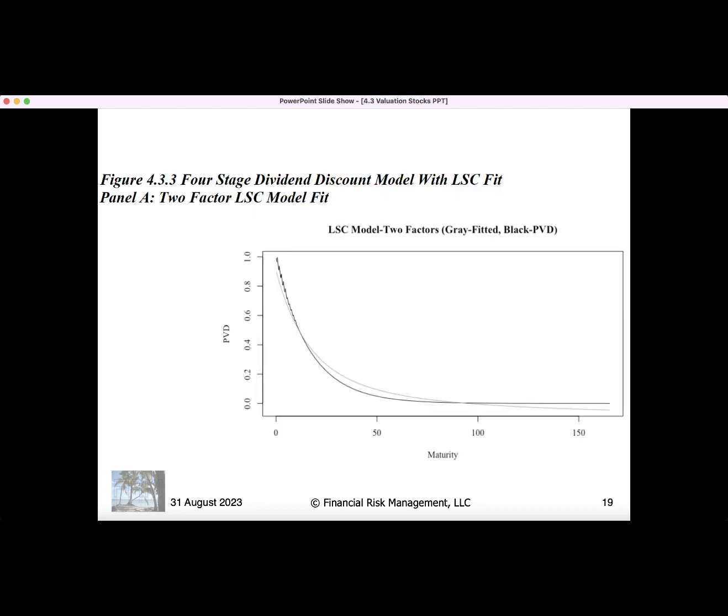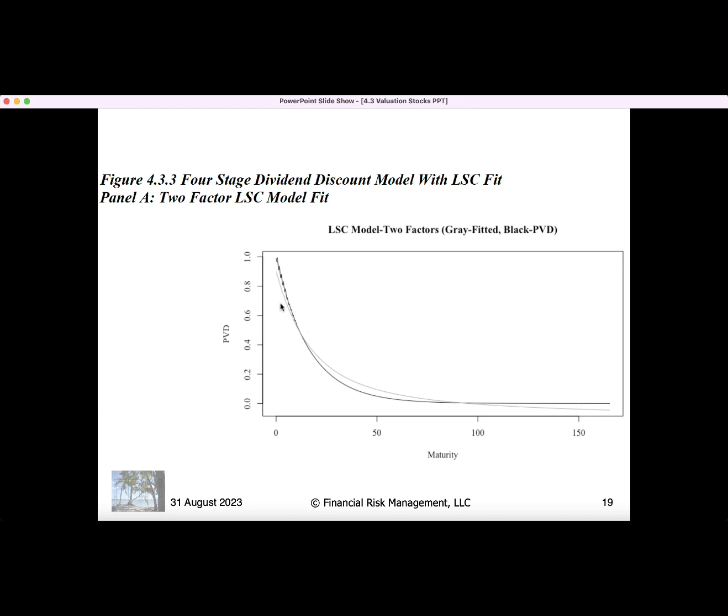Just to get a feel for what this looks like without diving into the math, this declining line is the present value of dividends. If we assume a $1 dividend with a specific growth rate and discount factors, as you'd expect, as we move out in maturity, the present value of those dividends declines.